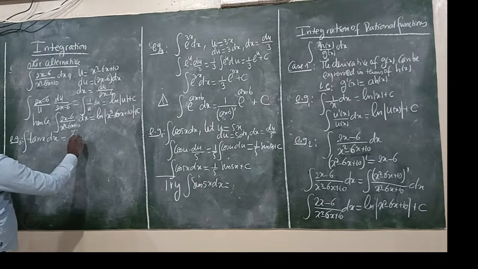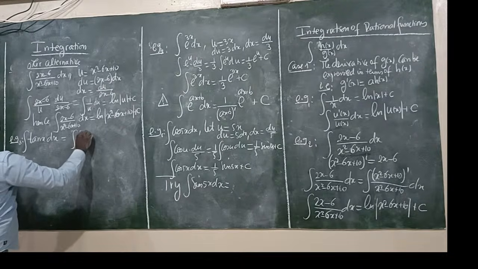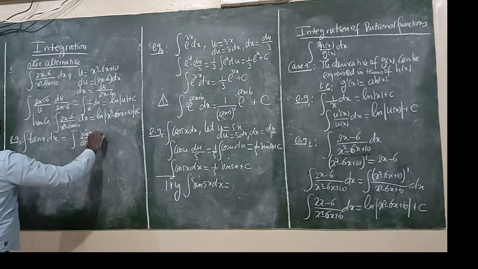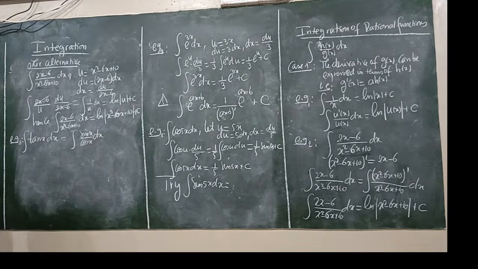This is what we are going to write here: the integral of sine x divided by cosine x dx. Do you think the derivative of this denominator will be a constant times the numerator? Yes, I guess. Yes.